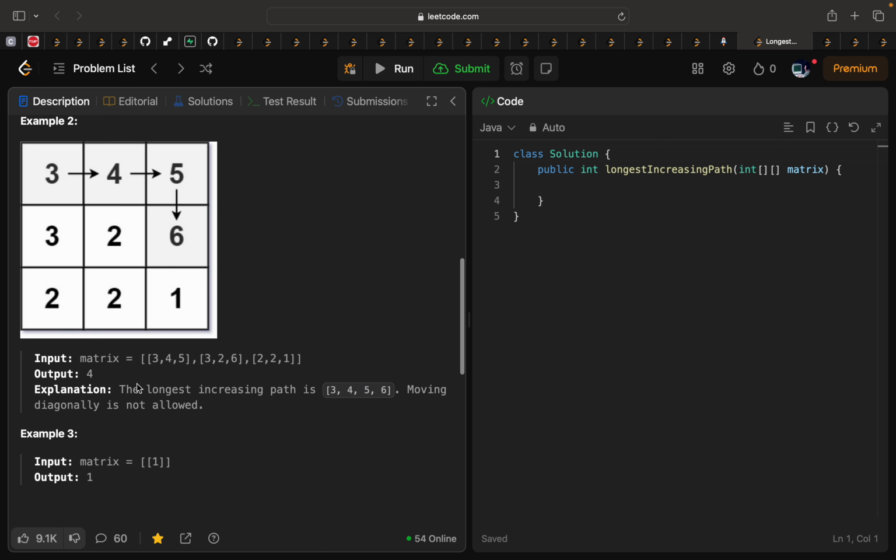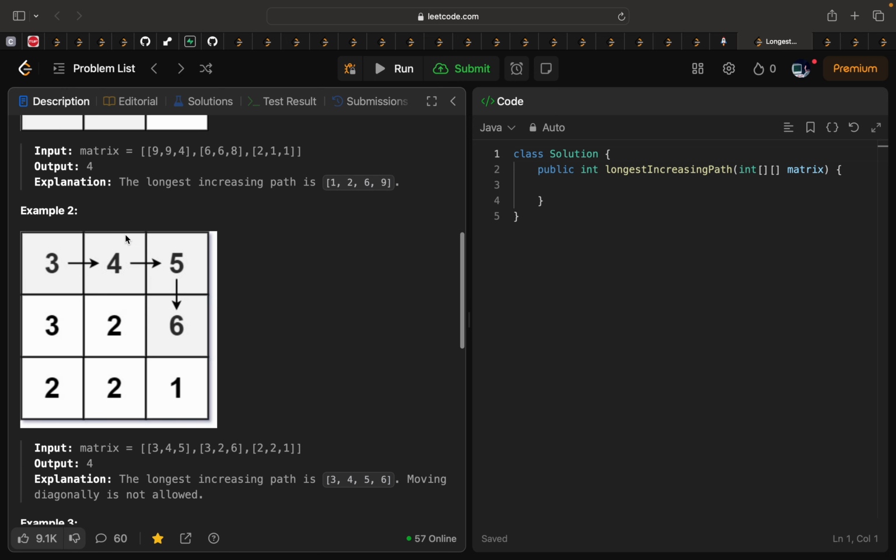Okay, and here the answer is 1. This means we can start from any cell.